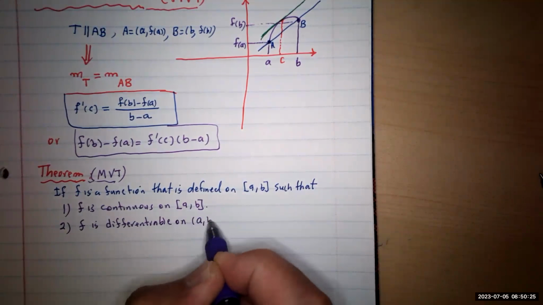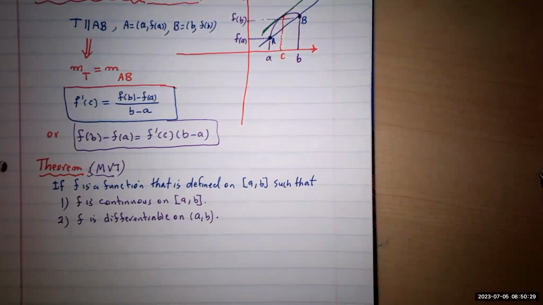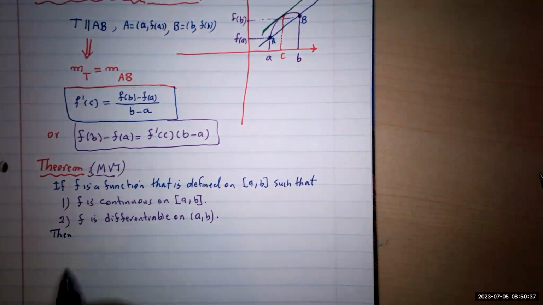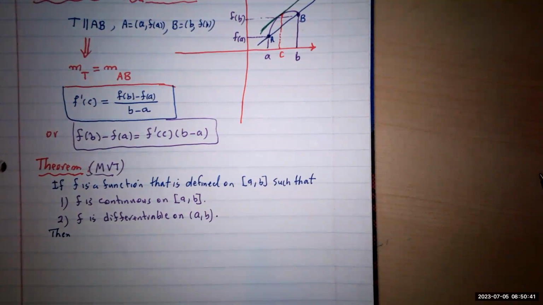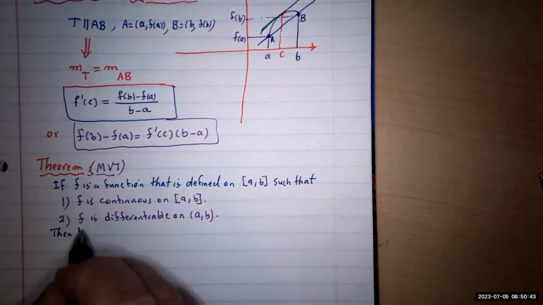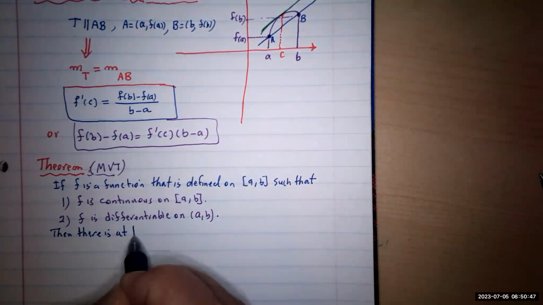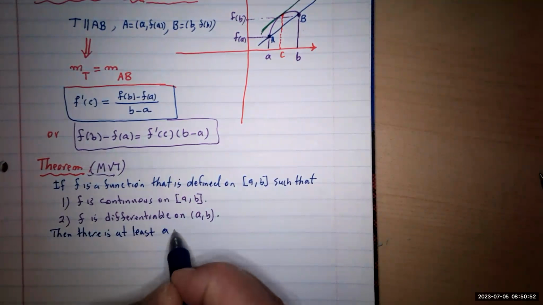Again, if it happens to be closed, that's fine. There is no third condition. So if these two conditions are satisfied, then there is a c again. There is a tangent line, but it's not going to be horizontal. Then there is, at least, you may get more, at least one number.